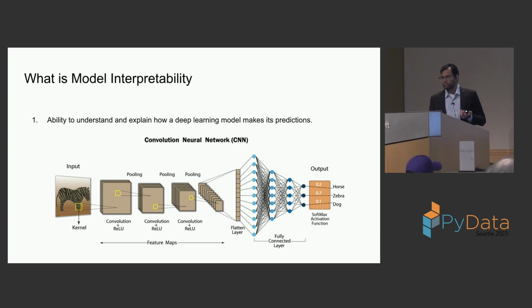Like it gave you a confidence of 0.7, right? How do you interpret this? Okay, you got a 0.7 accuracy, but what is it that the machine actually learned? How could it say it, right? So this is basically model interpretability. How do you interpret your results? I'll be talking more about that.